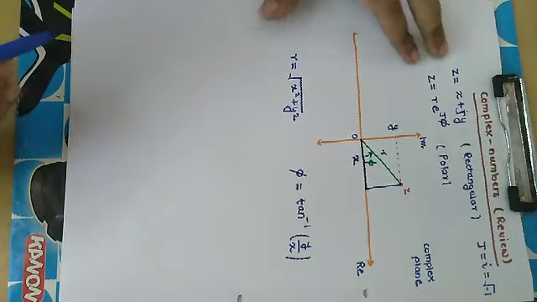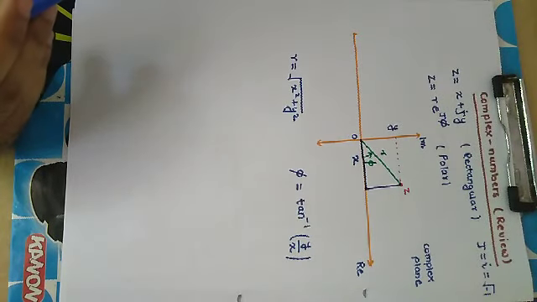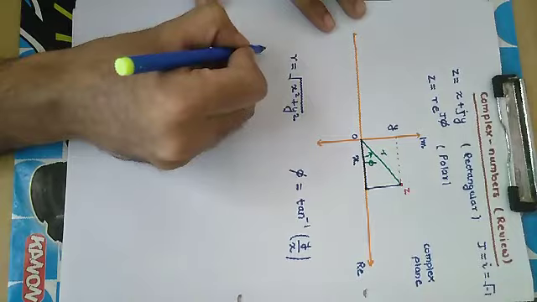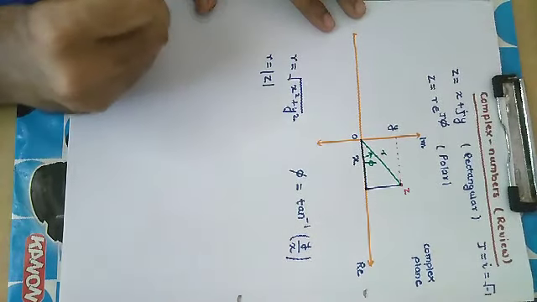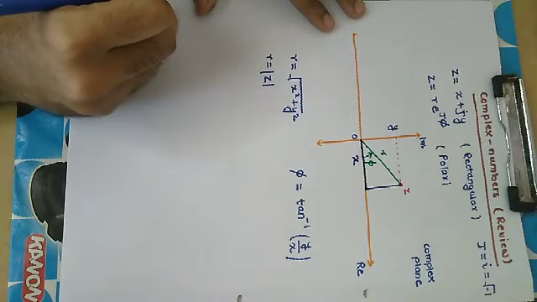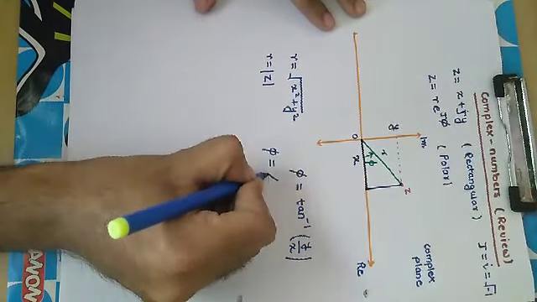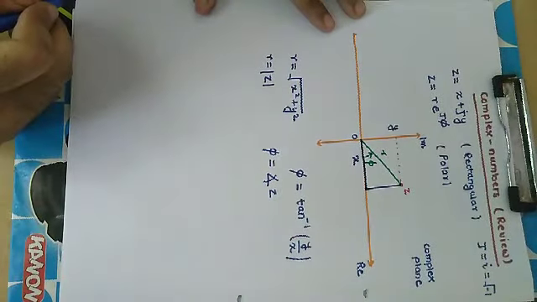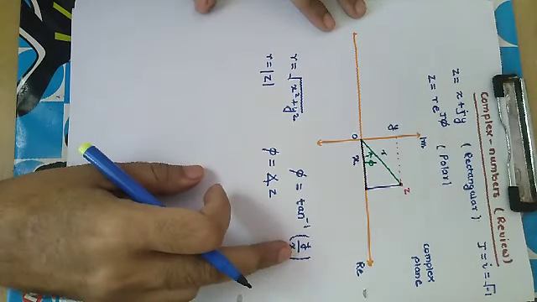This is the difference, but both reach the same point z. So r is nothing but the magnitude of z, and phi is the angle of z, which is equivalent to tan inverse y by x.